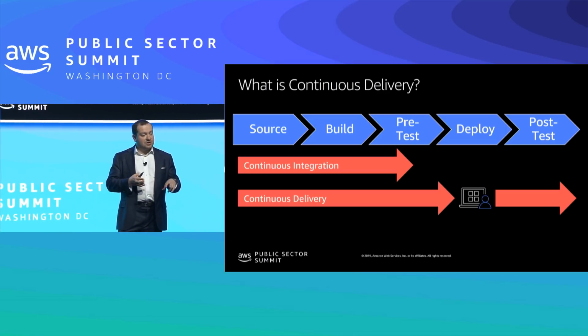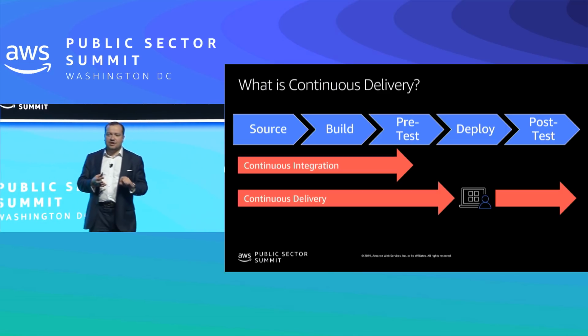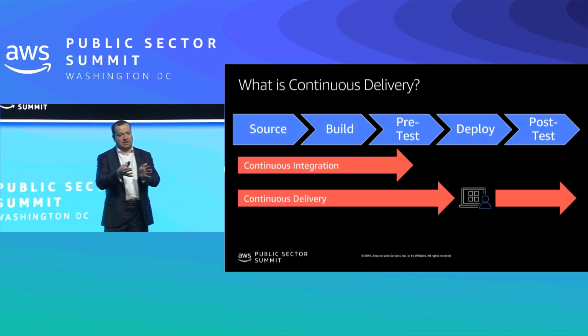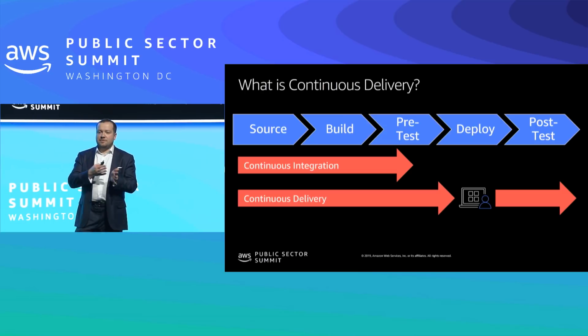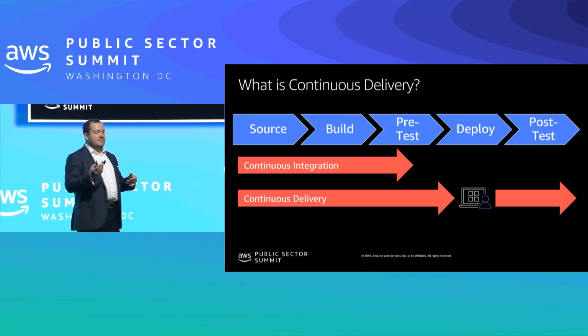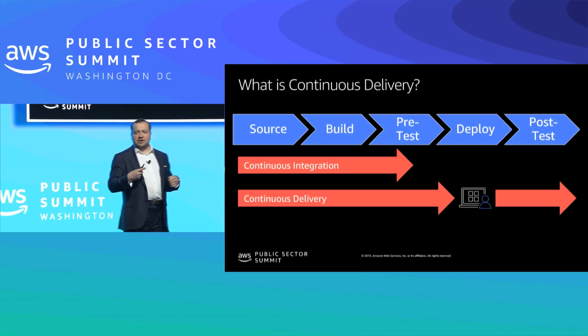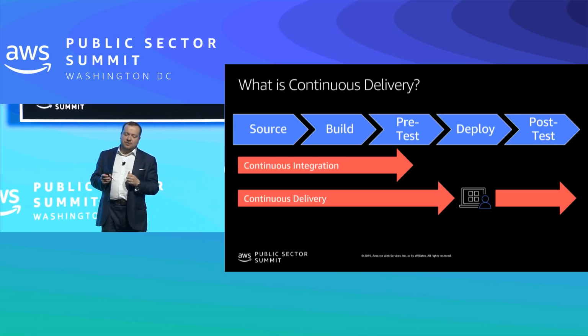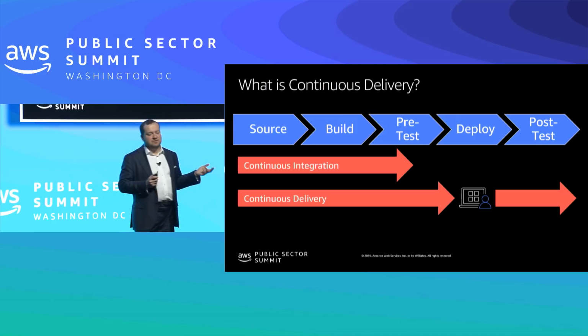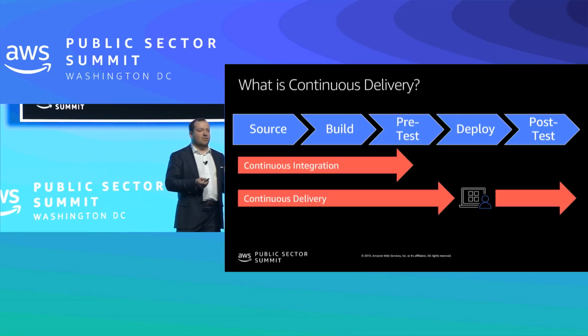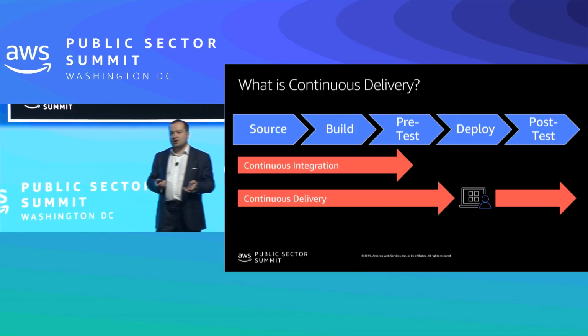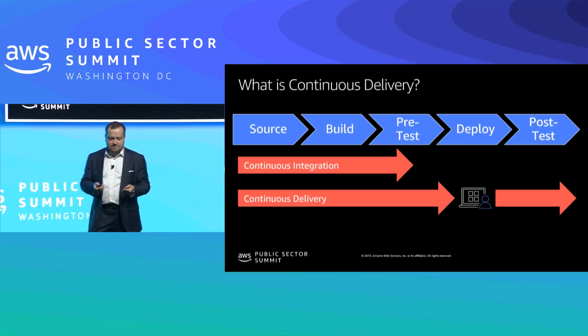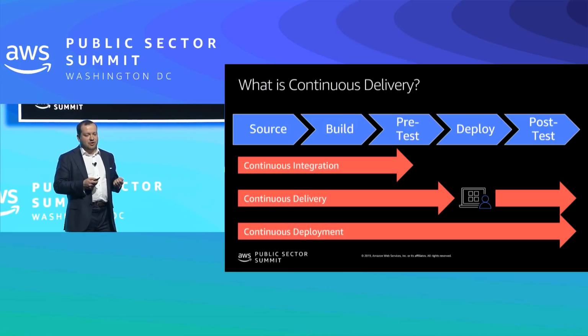However, for it to be continuous delivery, you usually have a manual approval process in between, right before you get to production. So everything's automated, but before the code gets pushed to production, somebody has to go in and make sure, okay, this commit makes sense. I'm going to go ahead and say yes and deploy this to production. That's what most of my customers are going for. They want automation, but they still want the safety measure of having a manual approval process before you go to production.